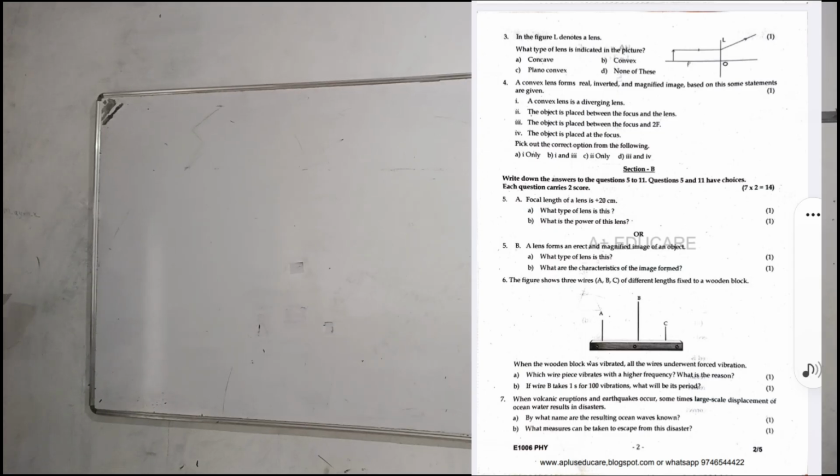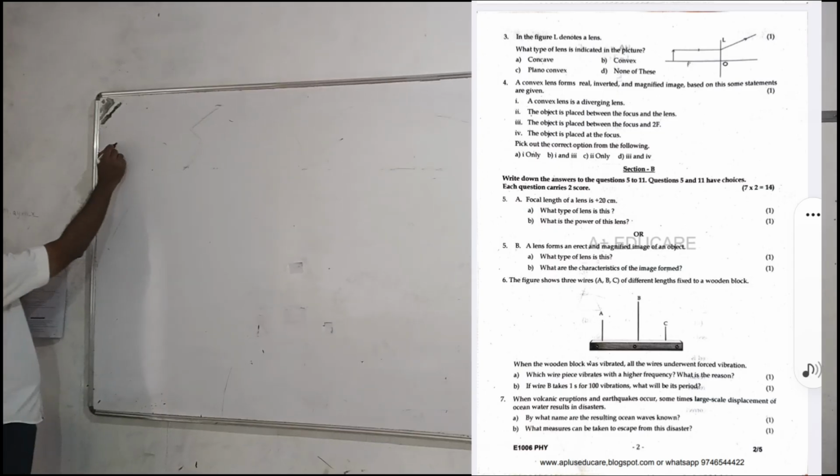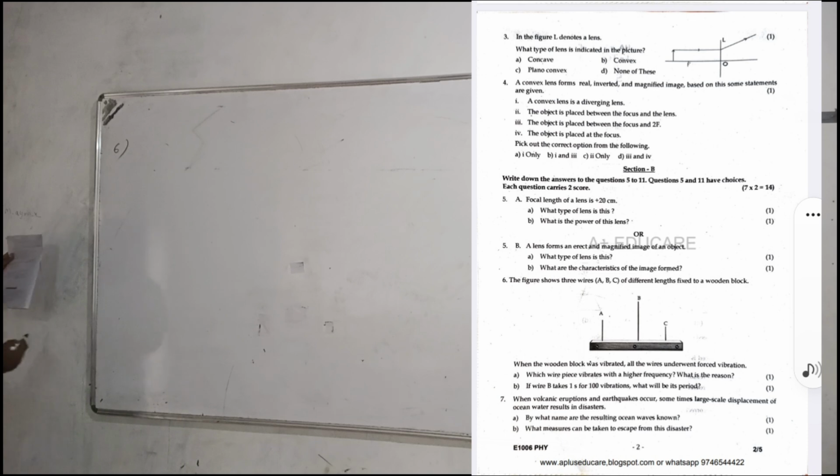Next, question number 6. Look. The figure shows 3 wires A, B, C of different lengths fixed on a wooden block. When the wooden block was vibrated, all the wires underwent forced vibration. Question A: which wire vibrates with a higher frequency?